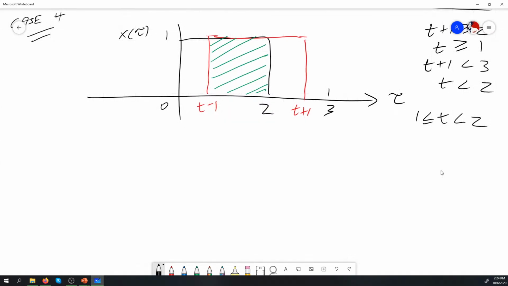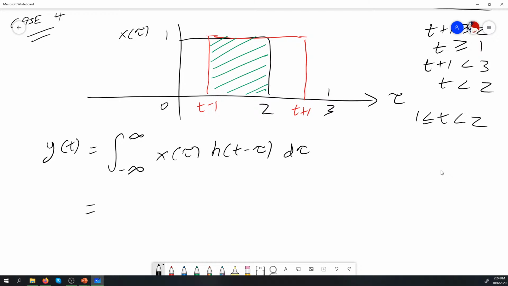In evaluating our convolution integral for this case, we see that the uppermost limit for our overlap is 2, and our lowermost limit here for our overlap is t minus 1. So we substitute these as our integral evaluation limits.